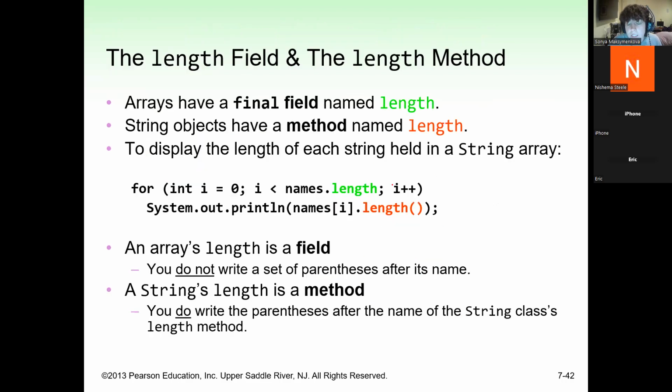And the only difference that you need to pay attention to and be aware of is that your string objects have a method called length, and your array will have a field named length. Those are two different things. They do not work the same way.